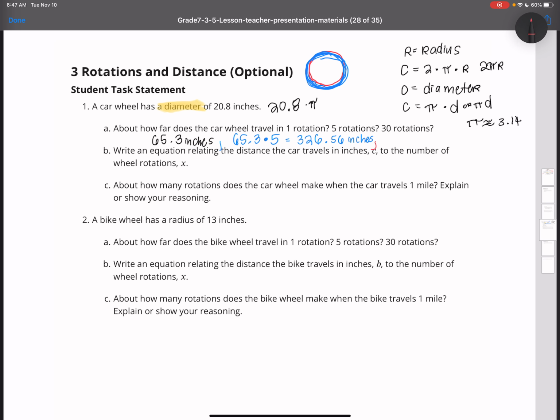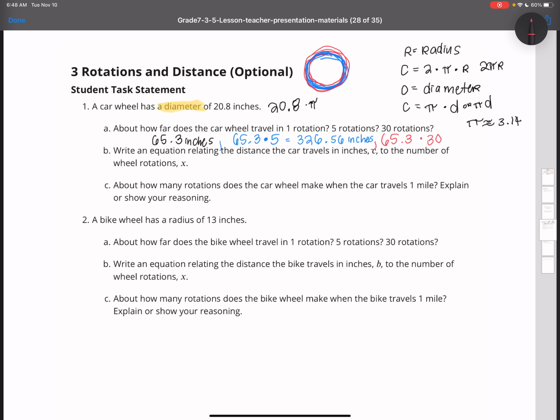All right. So for the next one, what will we do about 30 rotations? Now, guys, do you think I want to draw this 30 times? No. What can we do? If you guessed we're going to multiply 65 and 3/10 times 30, you're absolutely correct.